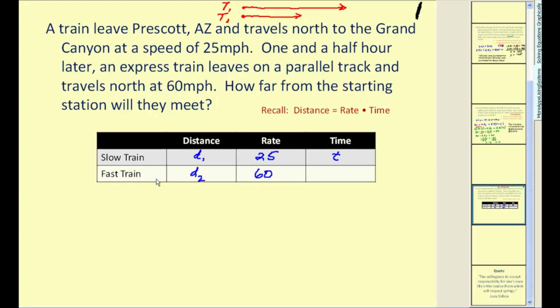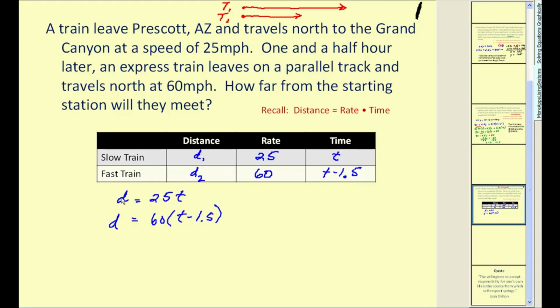However, since this train is leaving 1.5 hours later, we must represent the time as t minus 1.5. Since this train has 1.5 hours less time than train 1, we have to represent the time as t minus 1.5. So our first equation is d equals 25t, and our second equation is d equals 60 times t minus 1.5.